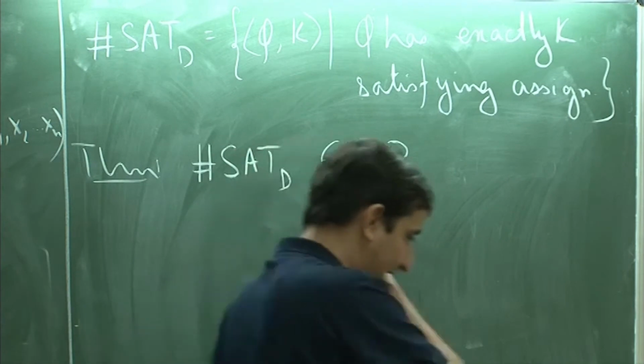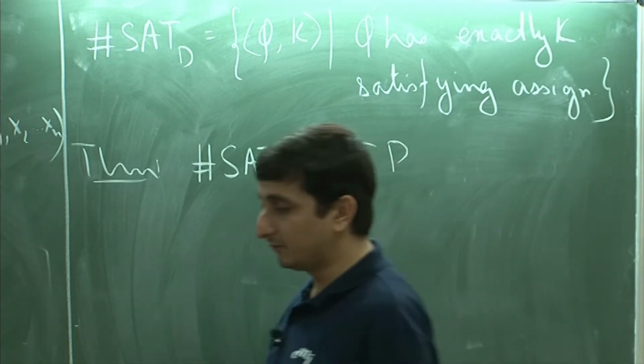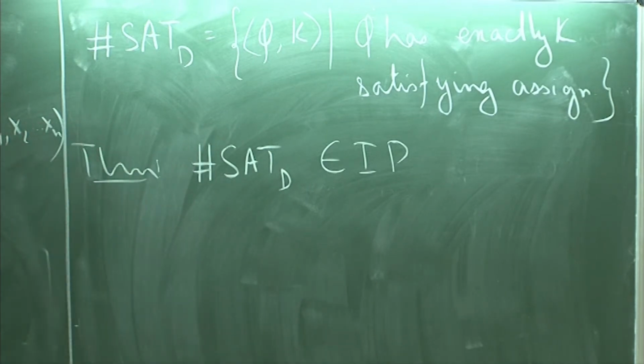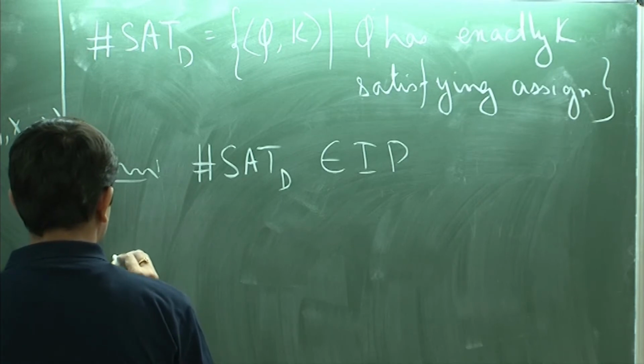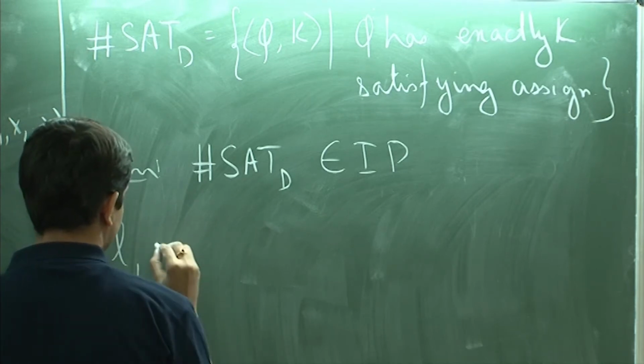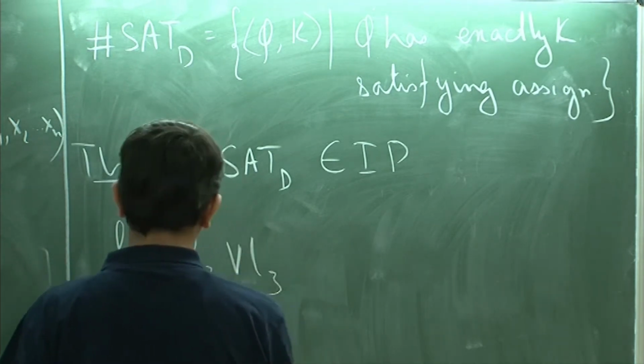Recall how we constructed this polynomial p phi in the case of sat bar. We replaced every positive literal with variable xi and a negated literal with 1 minus xi. If we had an OR of two literals, we just took their sum and for AND we took the product. Here, suppose we have a clause which is an OR of three literals L1, L2, L3.